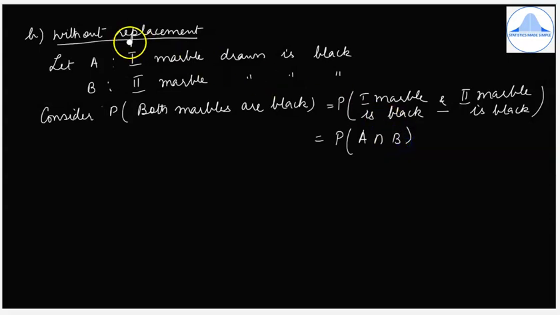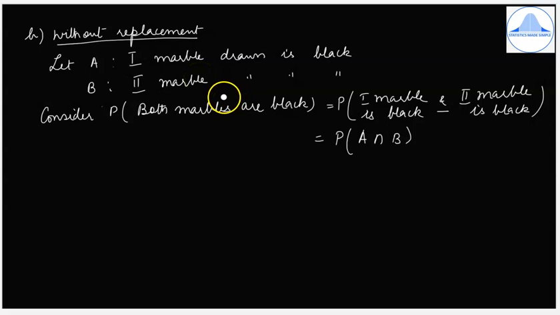Now this is because it is a case of without replacement. Without replacement means you have removed the first black marble and then you are not putting it back inside the bag, and then you are removing the second marble.